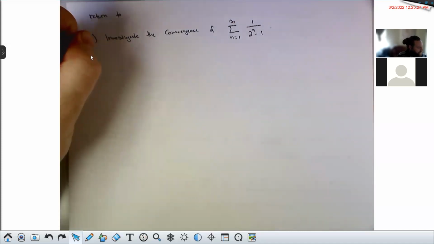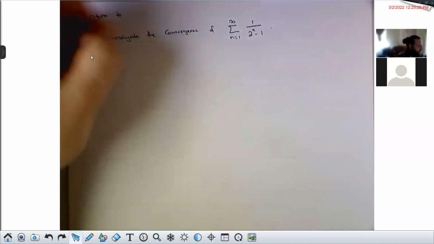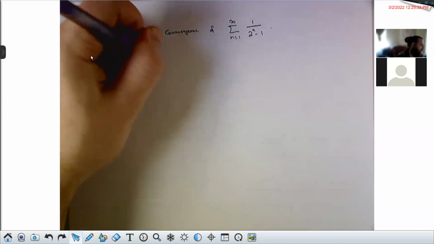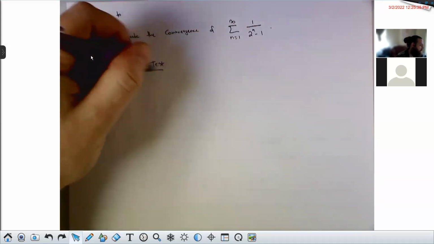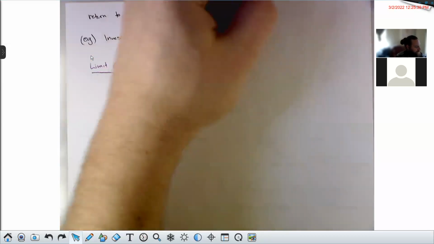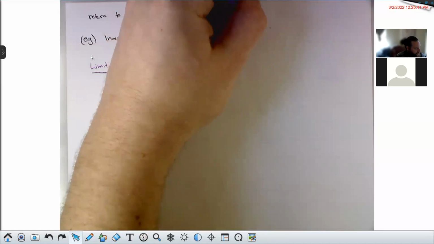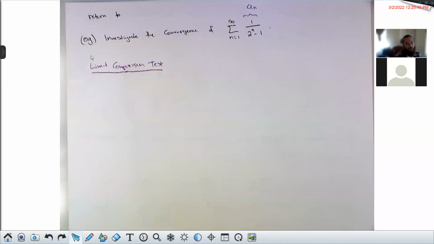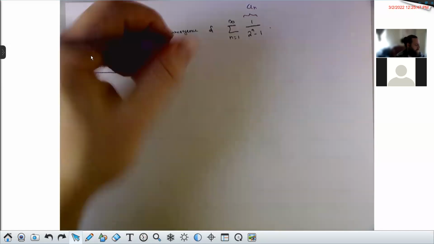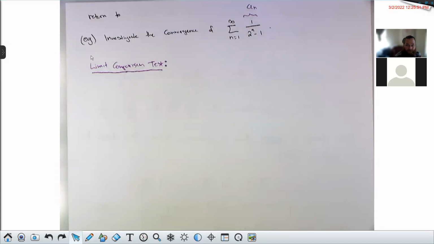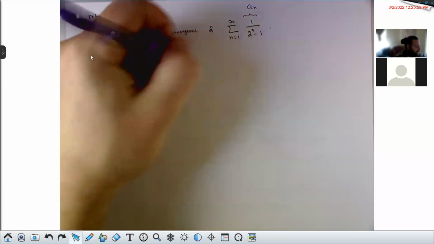What we're going to do is run the limit comparison test. And the way this works is you have to start by picking your BNs, right? AN is this thing. AN is 1 over 2 to the n minus 1. For your limit comparison test, you pick BN to be the thing that you think is similar to AN.